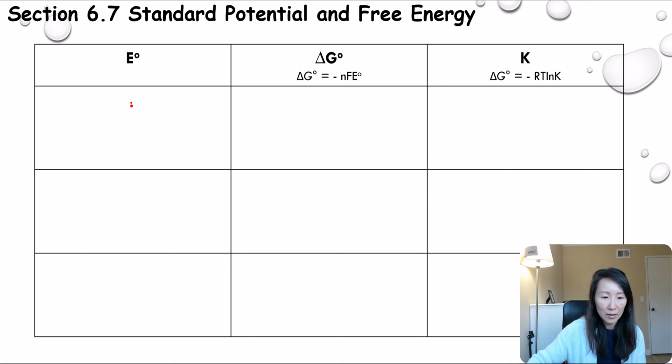Having the E value as positive means that delta G naught would be negative.